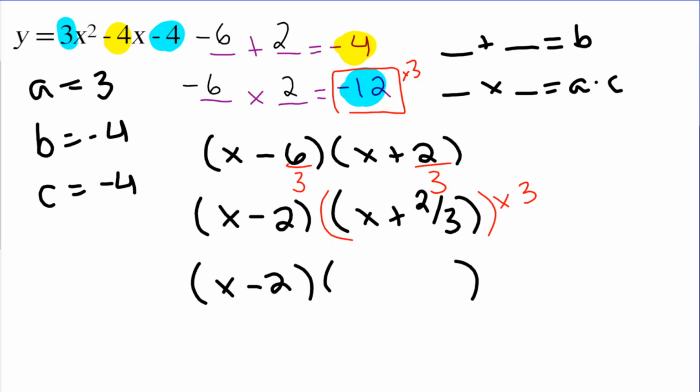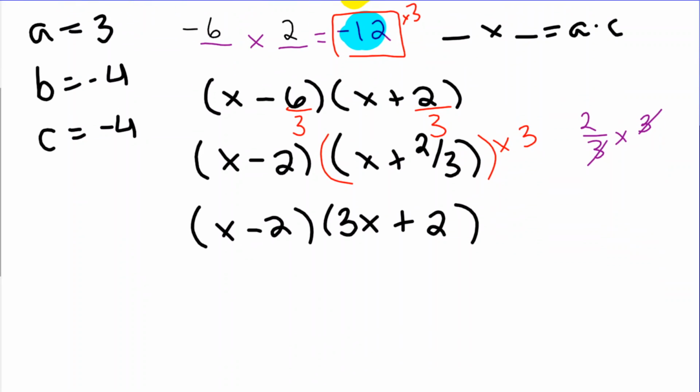When I do something like 2/3 times 3, that's essentially giving us a common factor top and bottom. That means my second term here is just going to turn into a positive 2. But I can't just do that to one term of this factor, so I'm going to make the x 3 times bigger as well.